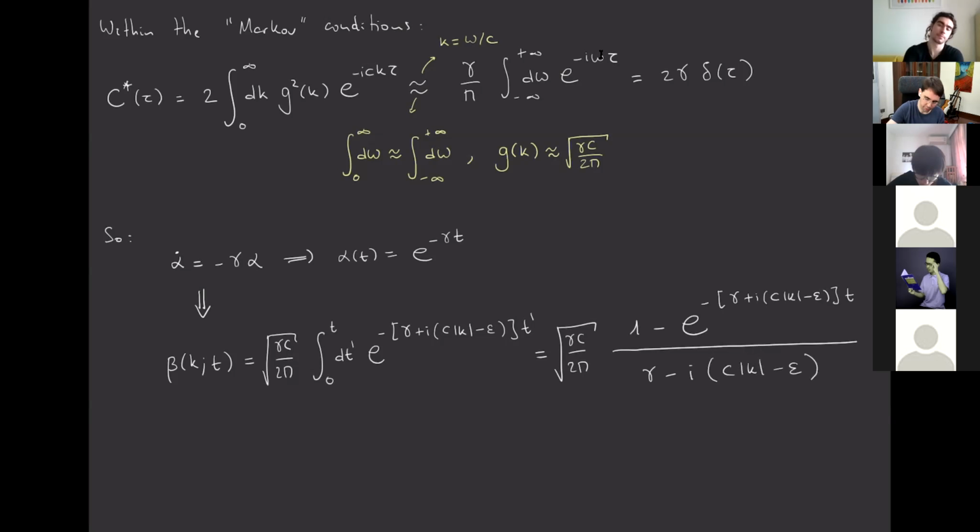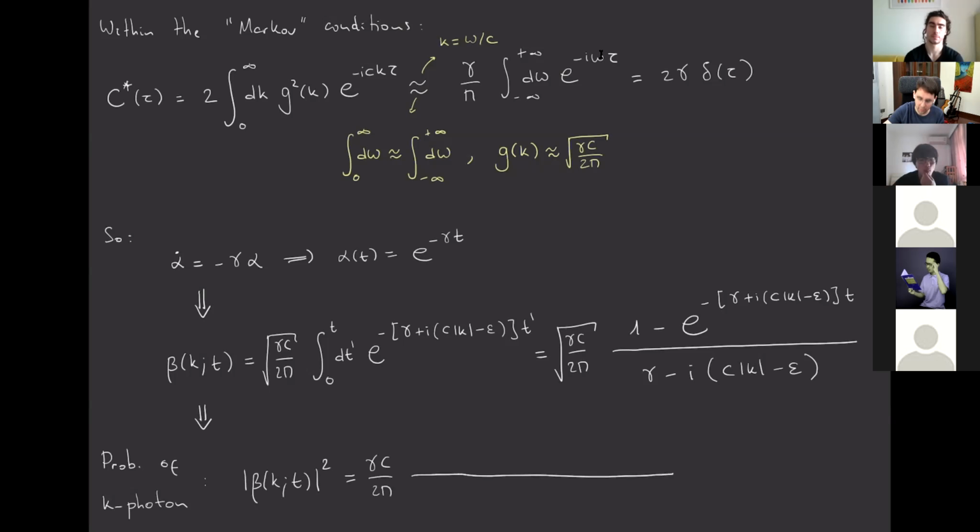Okay. And finally, and this is the important object, the probability of having a photon emitted with momentum k is just the coefficient squared. And this is equal to, so let me write it explicitly. So I get a 1 and then a number of coefficients, and all of them will decay in time.